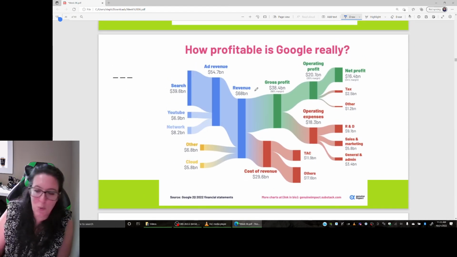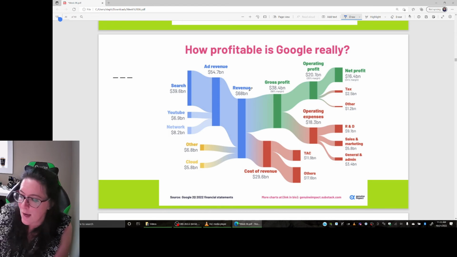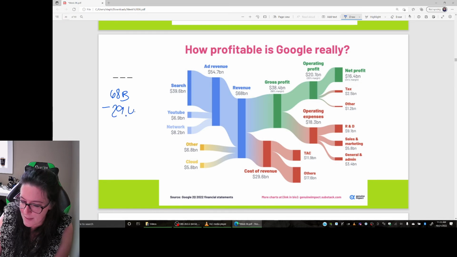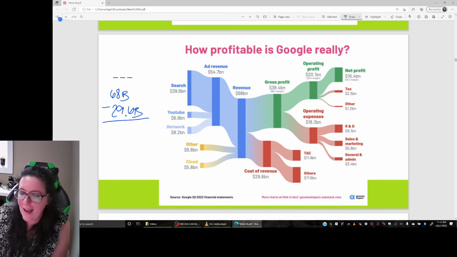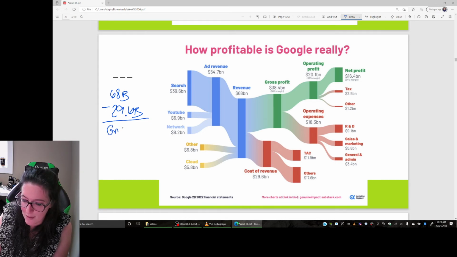Oh, looks like we got Google here as well. So let's just do one last one. All right, so we have revenue of 68 billion. We subtract 29.6 billion, and that revenue minus the cost of revenue gives us what? That gives us our gross profit, which in this case is 38.4 billion.